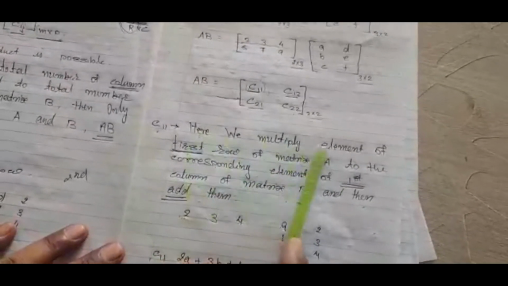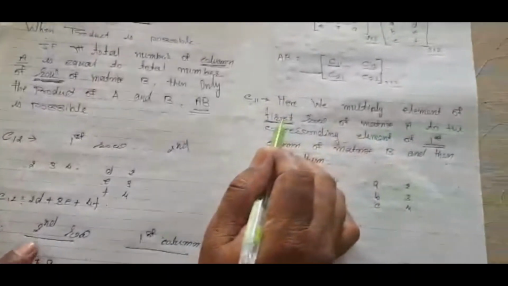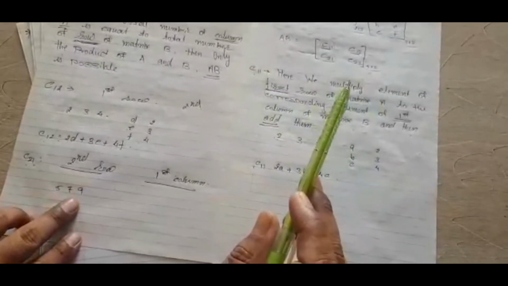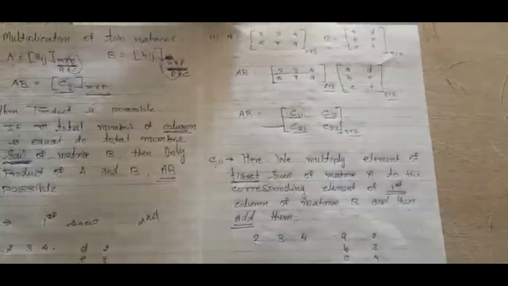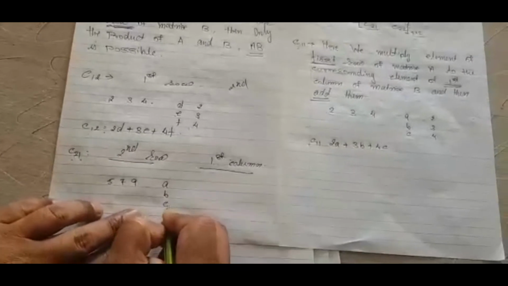Here we multiply the elements of, in place of the first row, what do we have to write? The second row of matrix A. This we have to multiply to the corresponding first column of matrix B. So the second row of matrix A means 5, 7, 9, and the first column of matrix B means A, B, C. Now we multiply and add them.